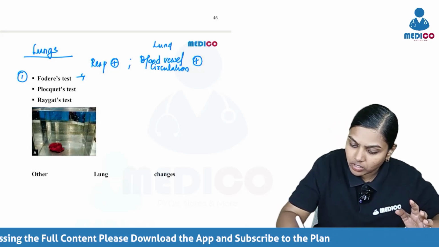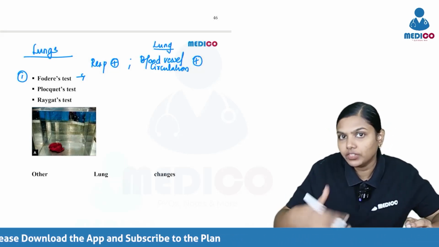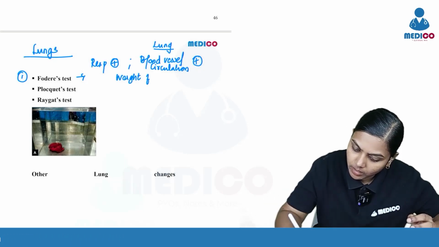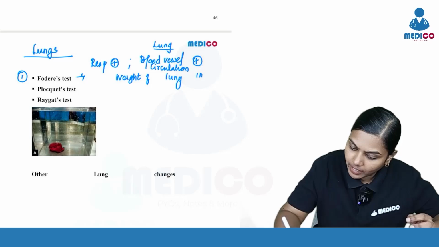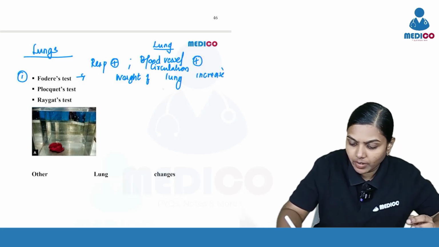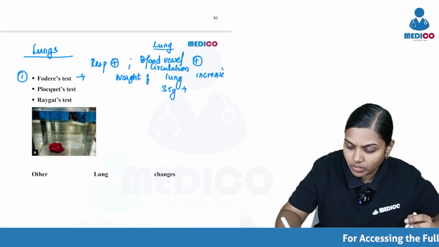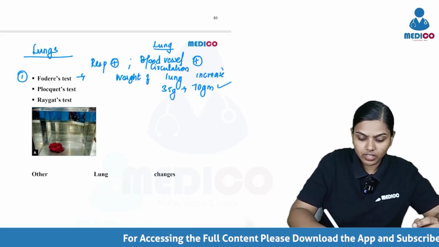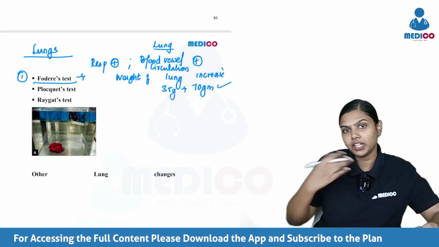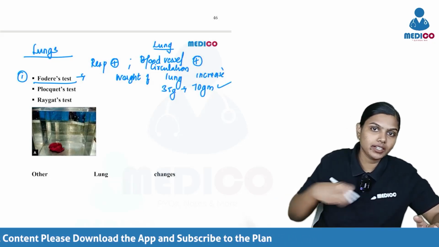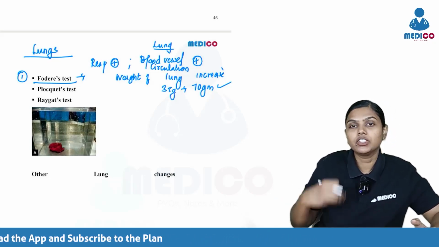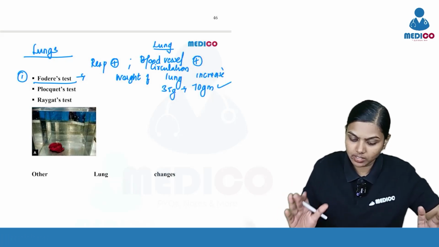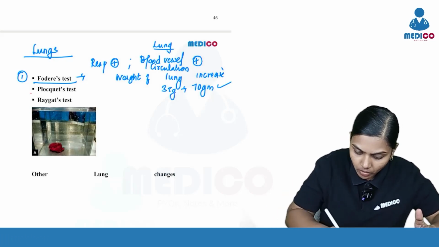Because of that, the weight of the lung would increase from 35 gram to 70 gram. This is Fodry's test. Clear? Once respiration happens, circulation of blood in the lungs results in the increase in weight of the lungs. That is Fodry's test.